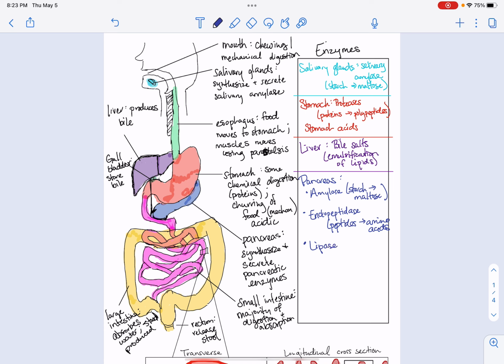So lipase, just like the name suggests, it's going to break down the triglycerides into fatty acids.